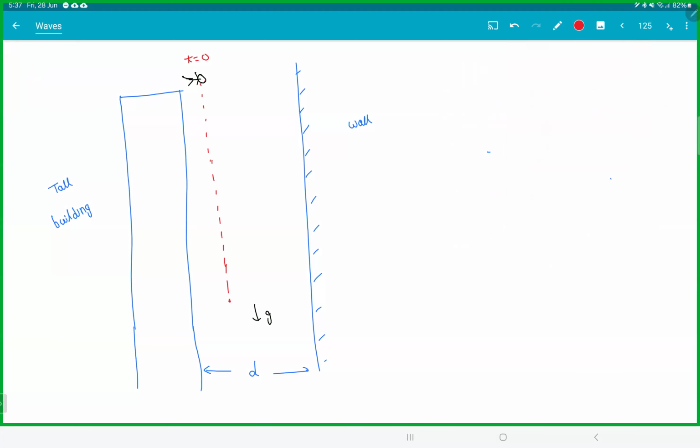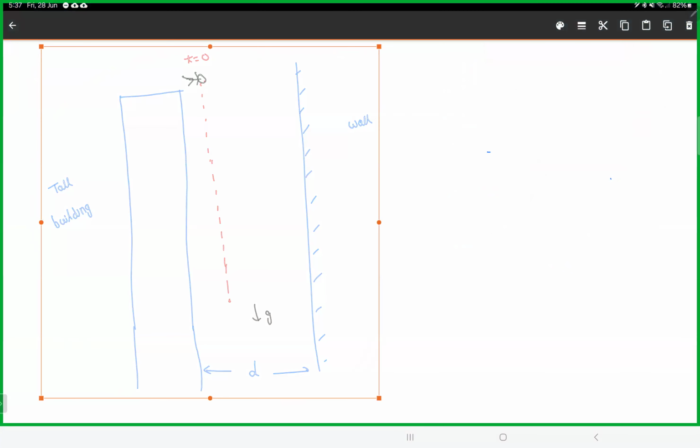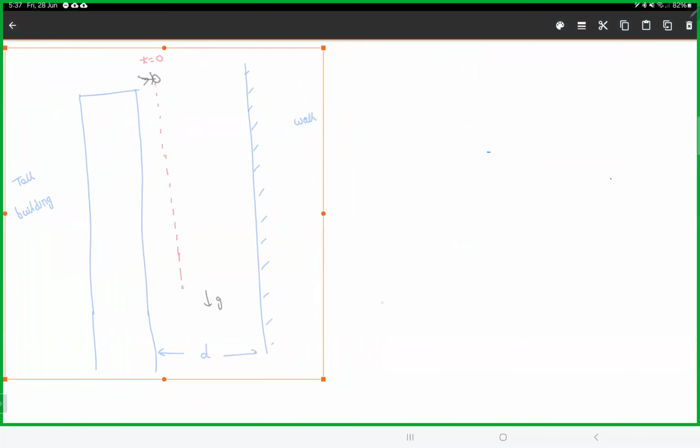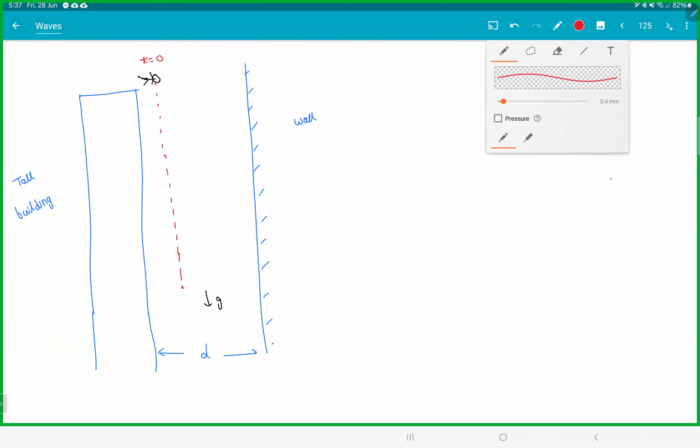Let's say they meet somewhere here. Now this sound here will travel something like this.